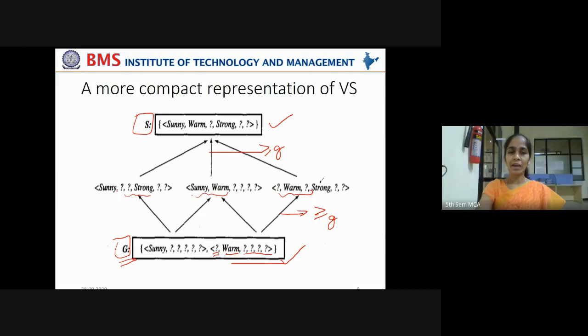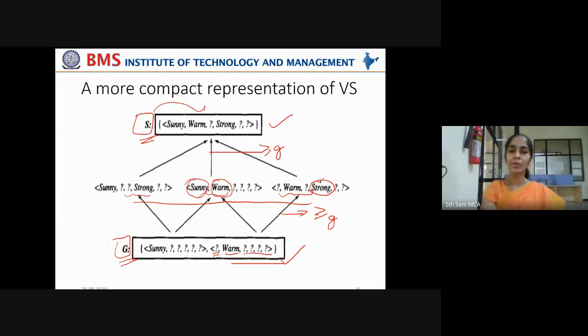So this hypothesis, sunny and strong, has one extra constraint on strong, so it is more specific than G. Here it has an extra constraint on sunny, so it is more specific than G. And here it has an extra constraint as strong, so it is more specific than G. Now, you go further and see the most specific hypothesis, it has more constraints than this middle level. Sunny, warm, and strong. So this is called the most specific hypothesis.